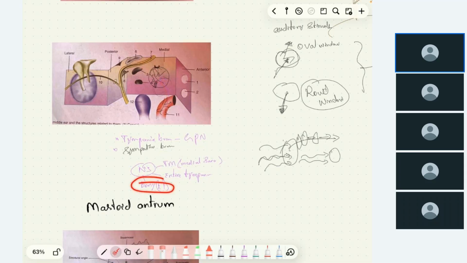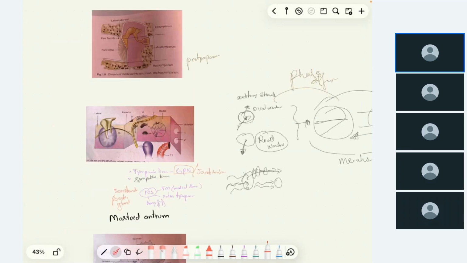And also it gives secretomotor fibers to the parotid gland. The tympanic branch of the glossopharyngeal nerve is also called Jacobson's nerve, as asked in viva. So this is about the tympanic plexus, which lies on top of the promontory.